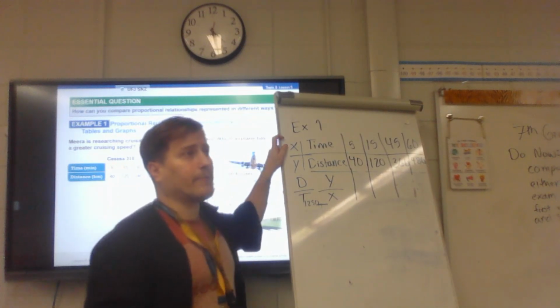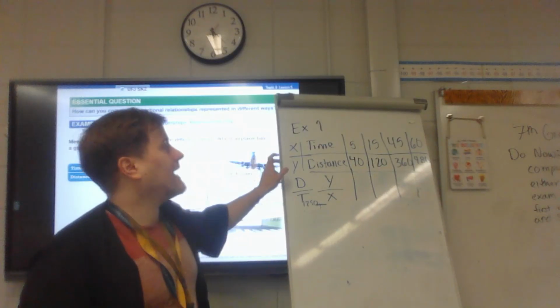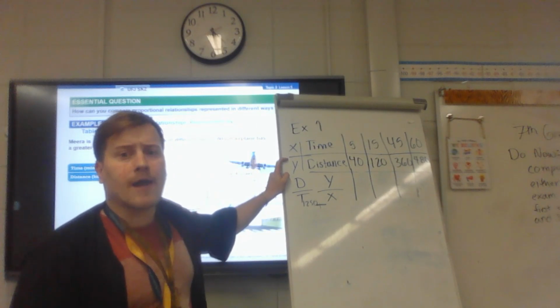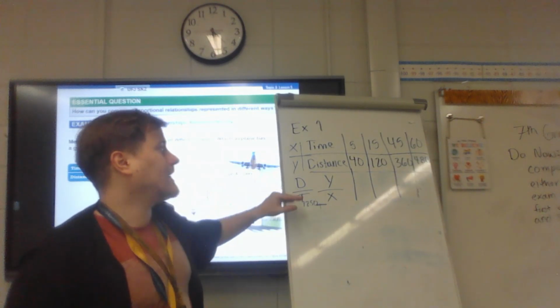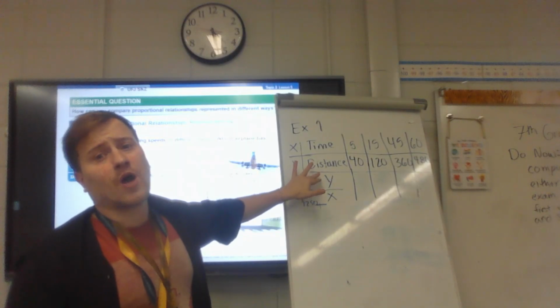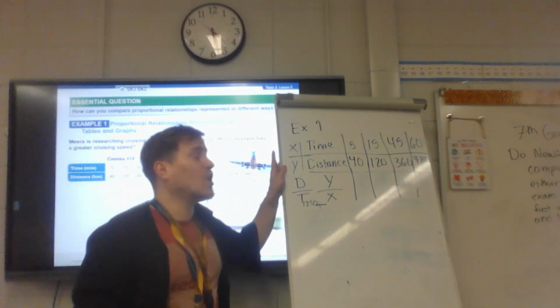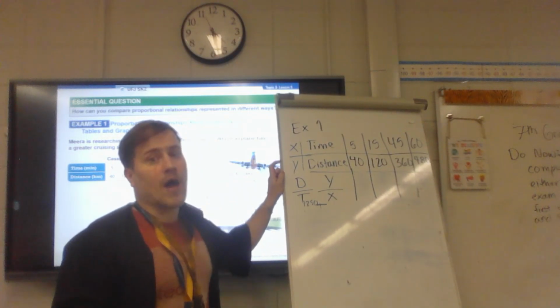When you get tables, typically, the first row will be time, and the second row will be distance. You'll notice in the example problem, when they've written it out, they've actually flipped these two when they start to solve, and that's because our y is always on top when we divide. But this is why we need to know that time is generally x, and distance is generally y.